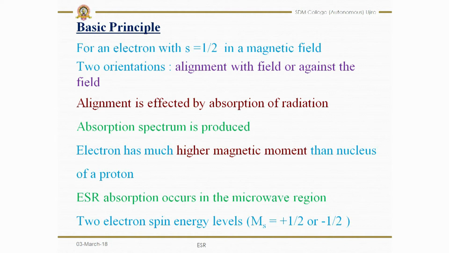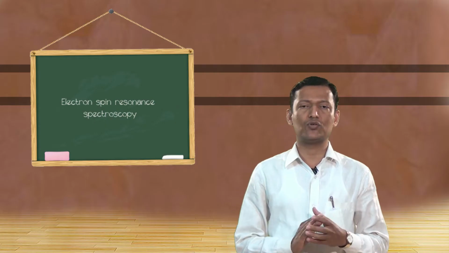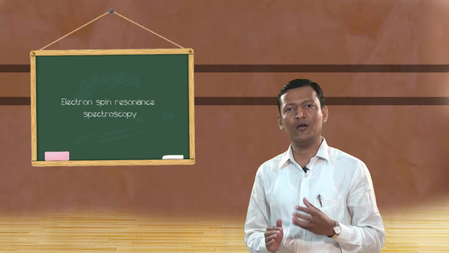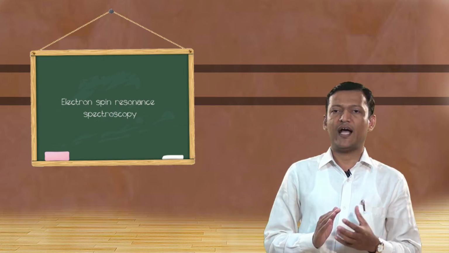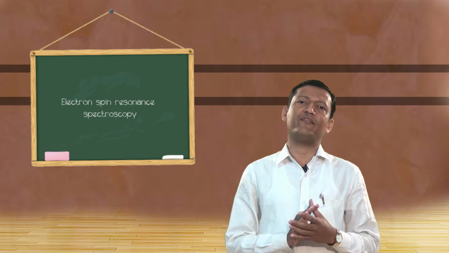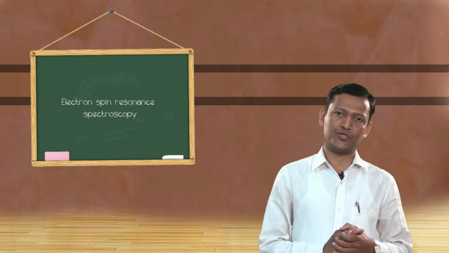Now when a free radical is placed in a magnetic field, it generates a magnetic field. This generated magnetic field can align with the applied field or against the field. So there are two orientations possible for a free radical when it is placed in a magnetic field, and this alignment can be affected by the absorption of radiation.